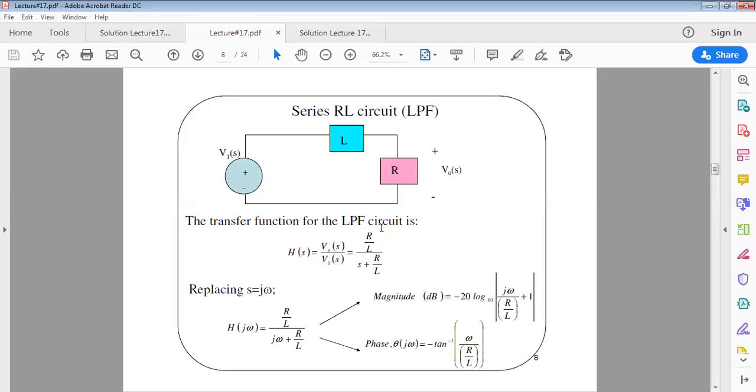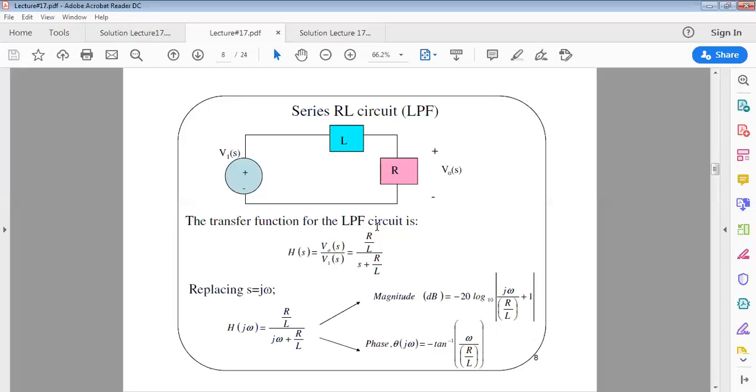Hopefully you have understood how to obtain the transfer function for the given circuit. One important thing to understand from this transfer function is that the transfer function for the low pass filter in this case consists of only two components.